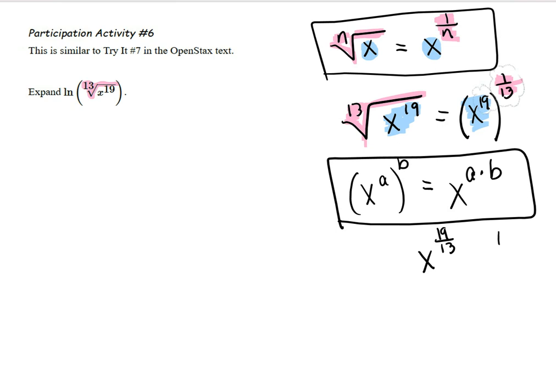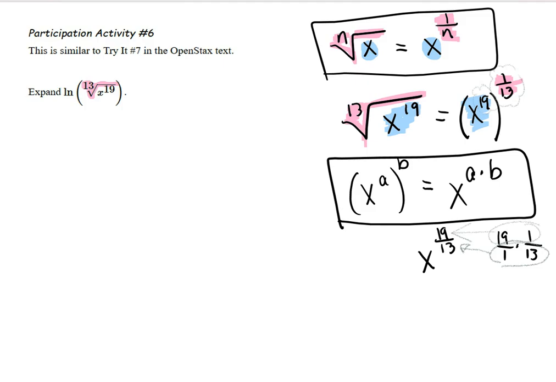Remember, because 19 is like 19 over 1, and if you take 19 over 1 times 1 over 13, you just take numerator times numerator, which is 19, and denominator times denominator, which is 13. So it's x to the 19/13.